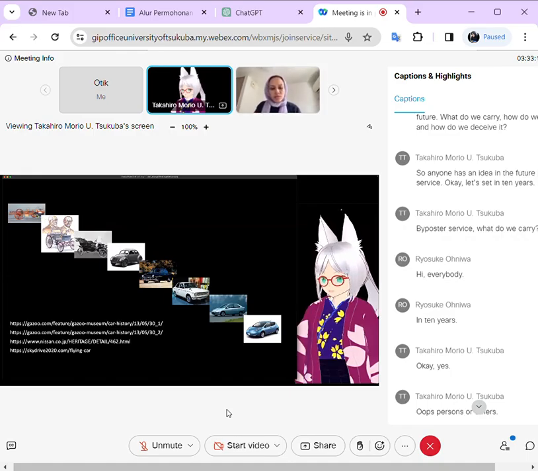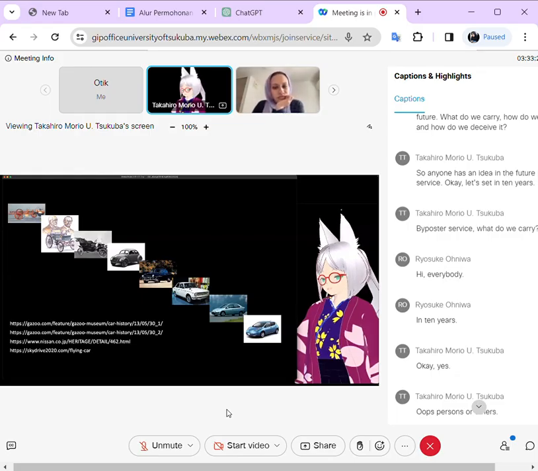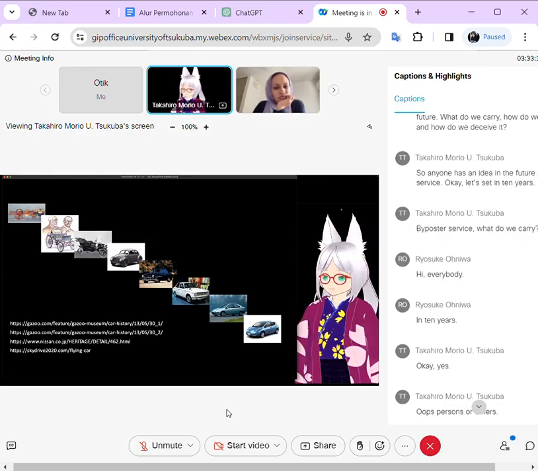From the external engine, like a steam engine, to the gas engine and so on. And then now currently hybrid electric vehicles or battery electric vehicles.